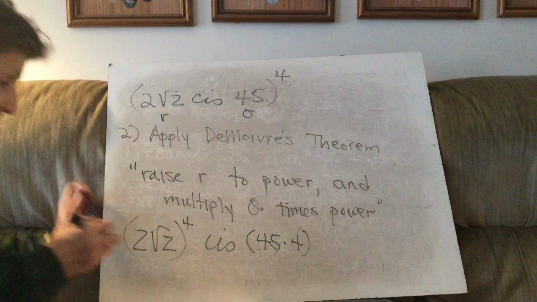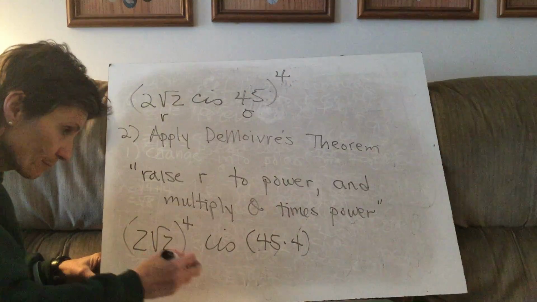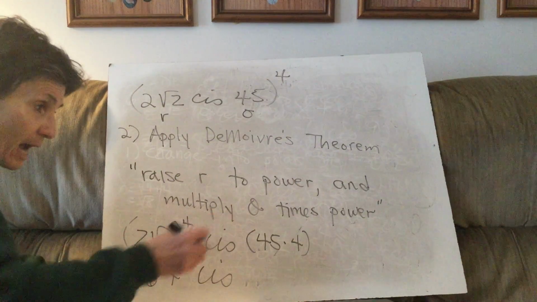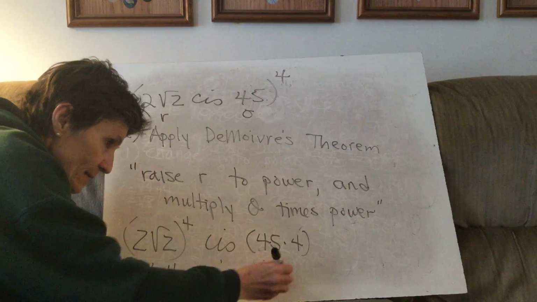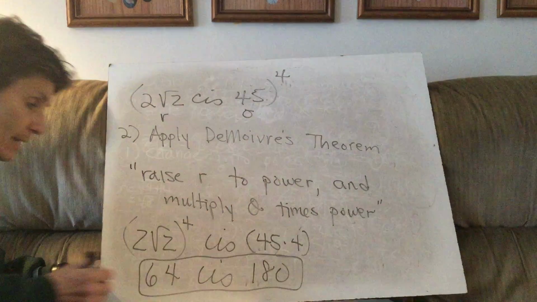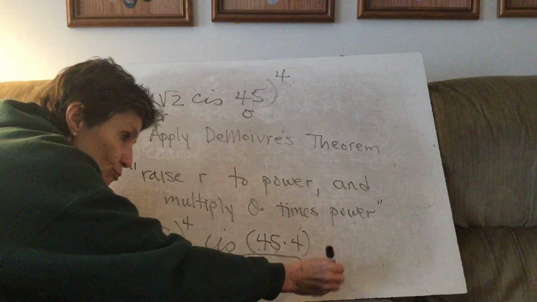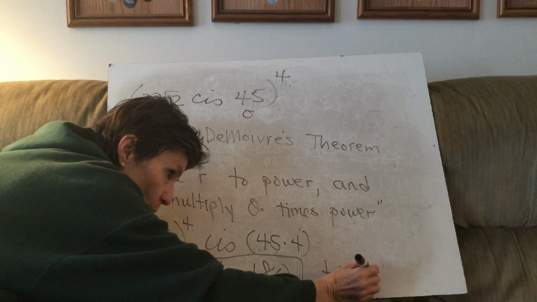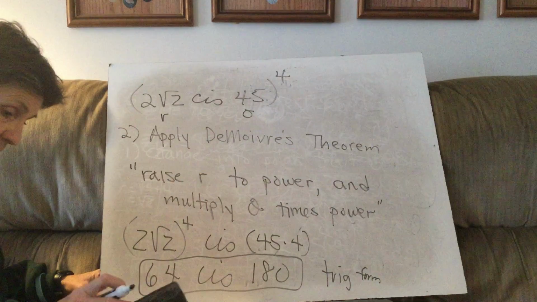So I get 64. And then I take 45 times 4, so I get 180. And that is the trigonometric form of the answer, or the polar form of the answer.